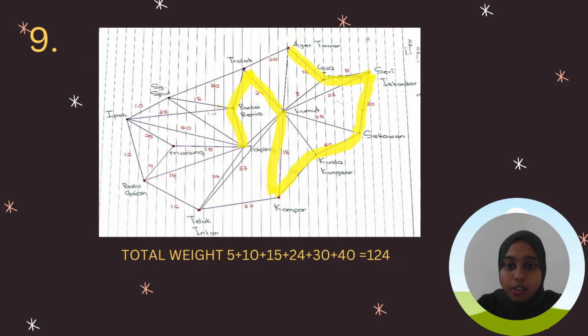The total weight for this graph is 5 plus 10 plus 15 plus 24 plus 30 plus 40, which equals 124.